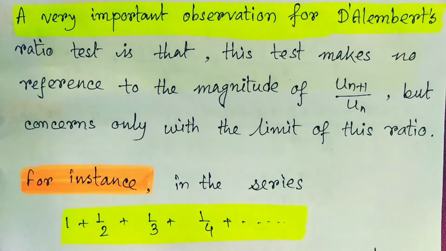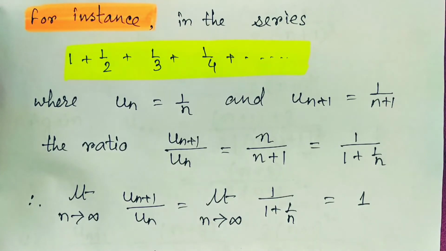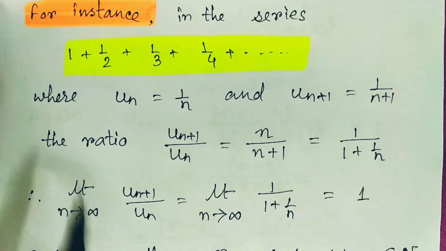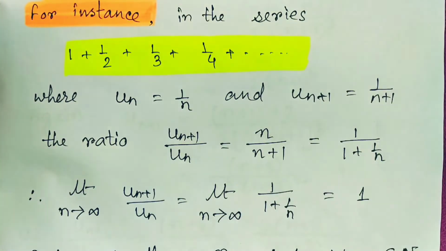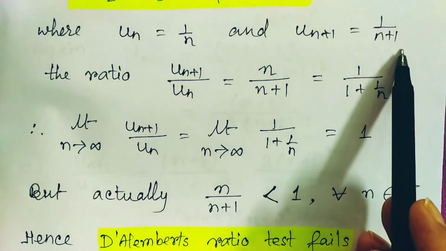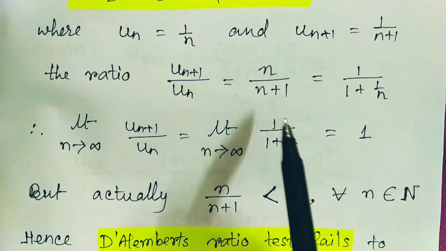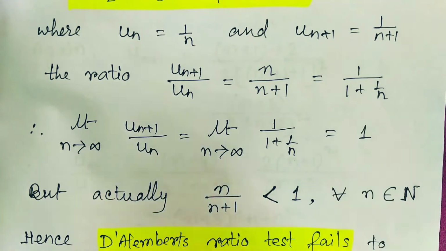Let us understand this with an example also. If we consider a very simple series, 1 plus 1 by 2 plus 1 by 3, then definitely un is 1 upon n and un plus 1 is 1 upon n plus 1. So this ratio is 1 upon 1 plus 1 by n. If we take the limit, the value is 1.